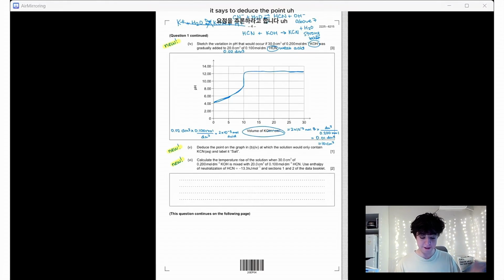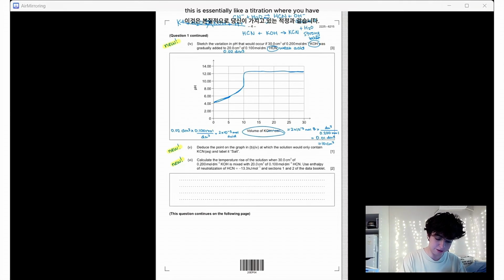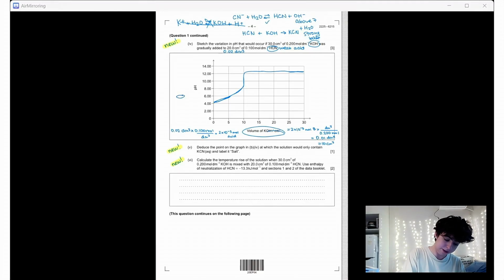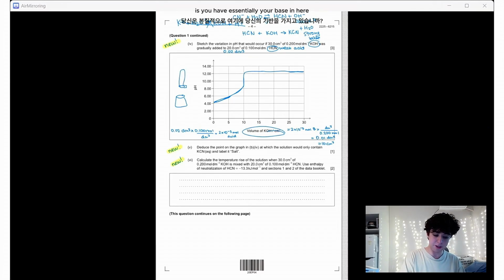For part 5, it says to deduce the point at which the solution would only contain KCN. So that is our salt, and where it would just contain that. Like I said, this is essentially a titration where you have, this is our terrible burette, your base in here, acid in here. So you just have acid first. You keep adding base.